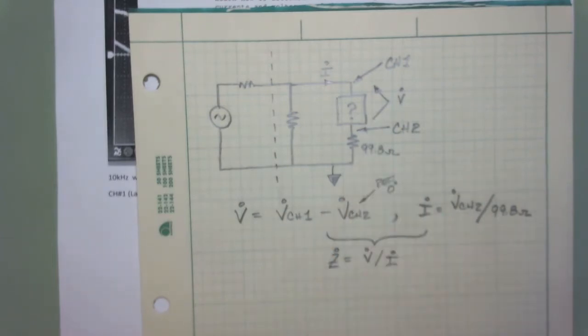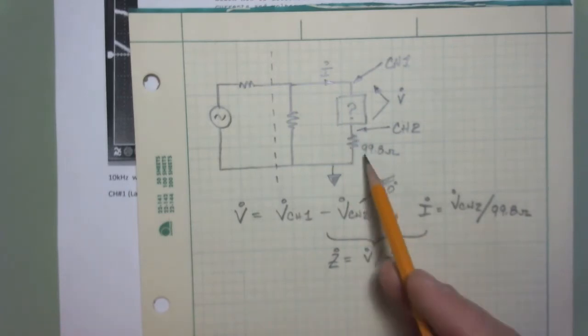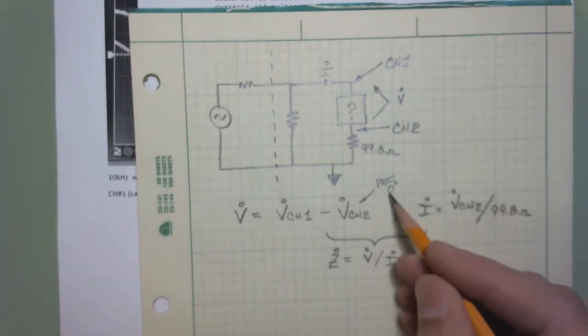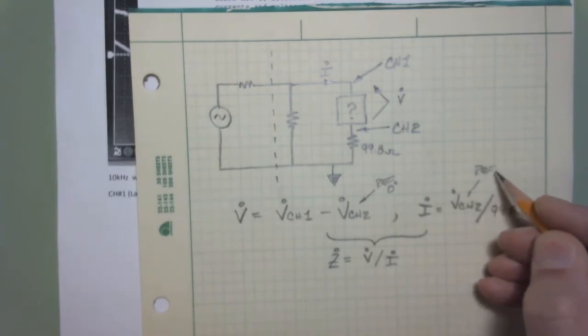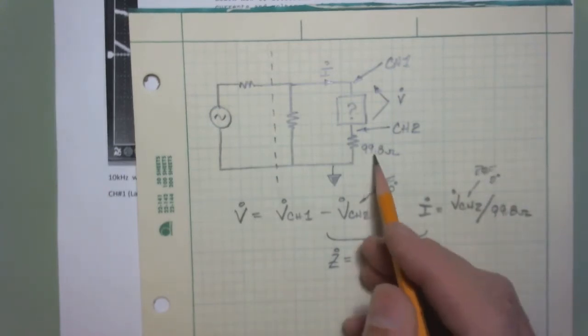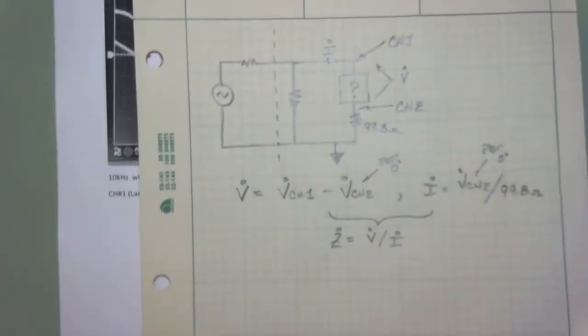That's our voltage. And then the current, which goes through this and this resistor, that's why we have that sampling resistor there. We'll take whatever we get for channel 2, and that's why I took the reference as 0, because we use this so much. We'll take a reference of 0 degrees here, divide it by 99.8 ohms, which is what that resistance was. And that's the current.